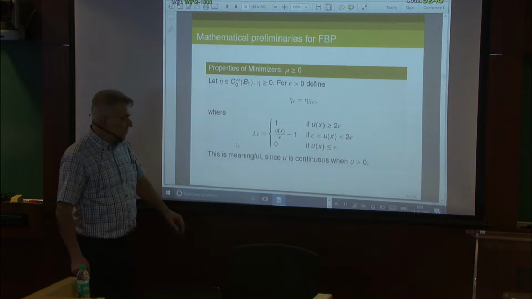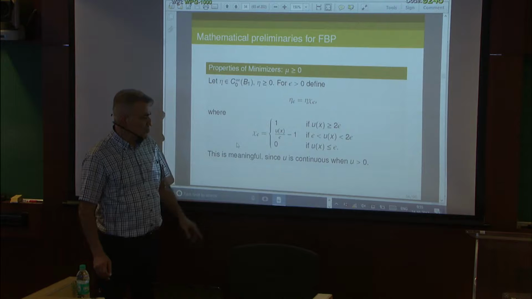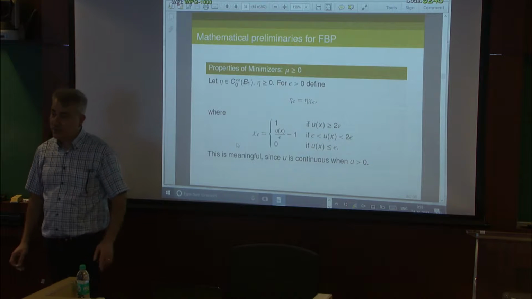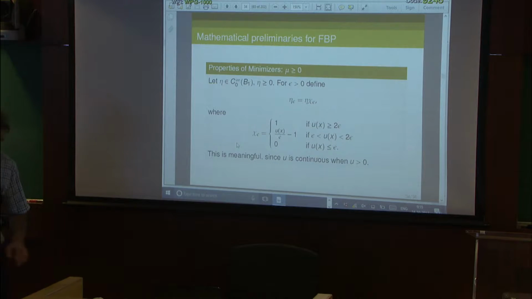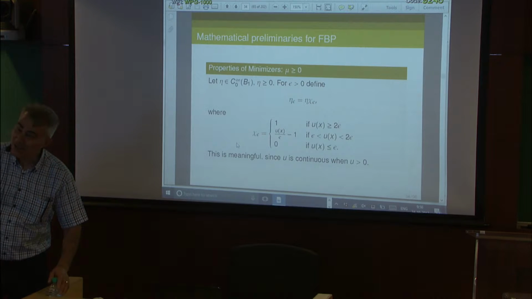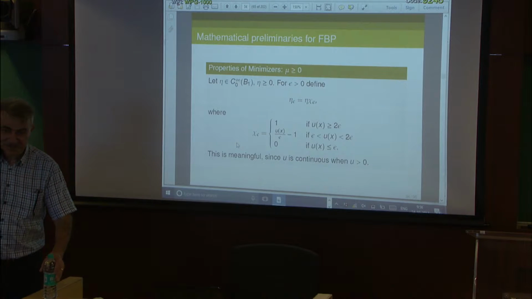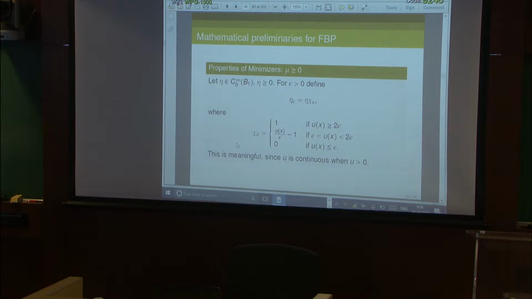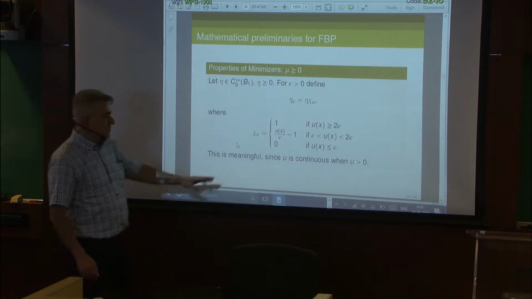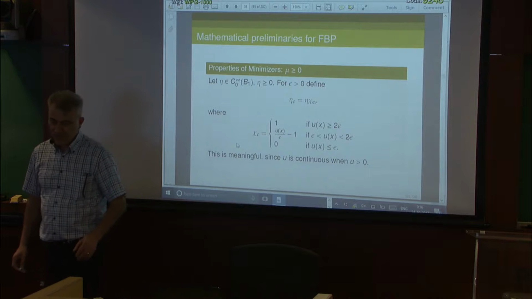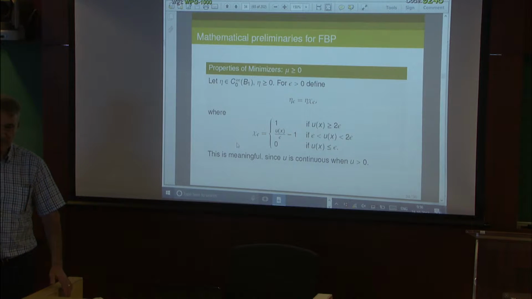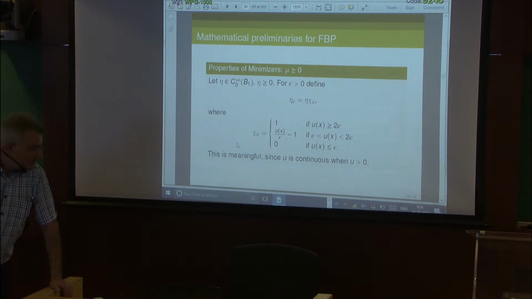This is meaningful because our function u is continuous. We haven't, though, shown that the function is continuous. Remember that. And I was not planning to do that because that already will take a few hours if I want to go through it slowly. So this function u is continuous, so let us assume that. We can give you references to look at that.